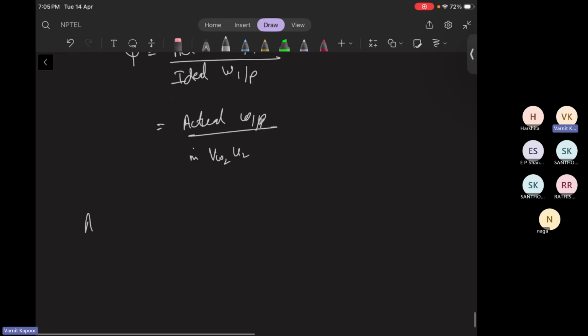So actual will come out to be psi times mass flow rate times sigma times U2 square. If there is no information regarding sigma and psi, always take it as 1. From here you get the actual work input.